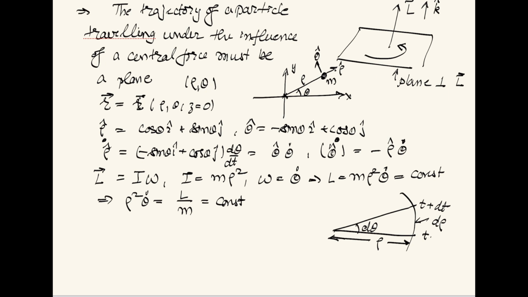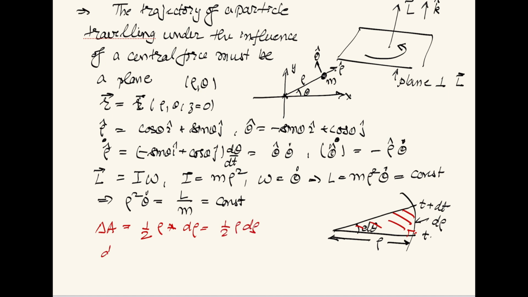Can we find out the area of the triangle? I am going to call the area of the triangle delta A. Since dt is very small, this can be regarded as a right angle triangle, so it's going to be half base times height, where I regard the base as rho and the height as d rho. So that's going to be equal to 1/2 rho d rho.